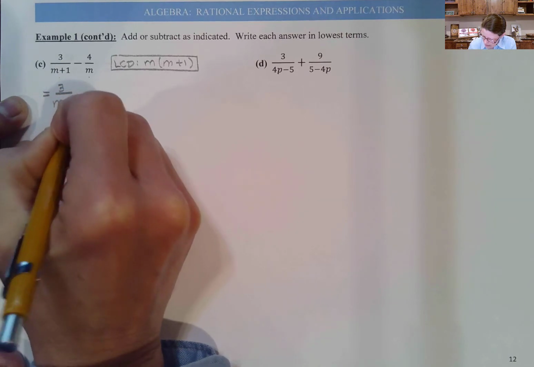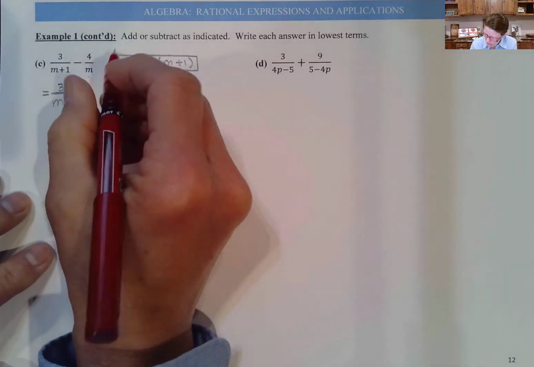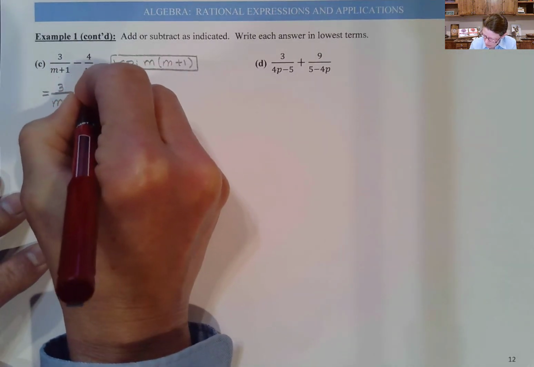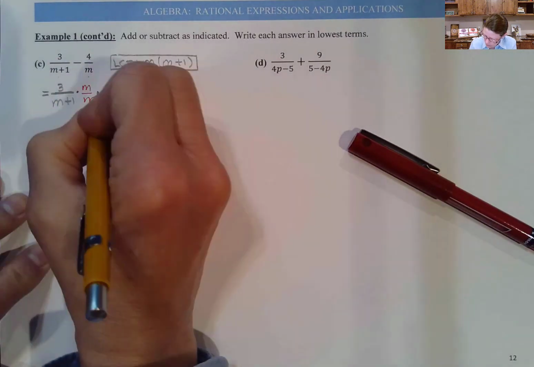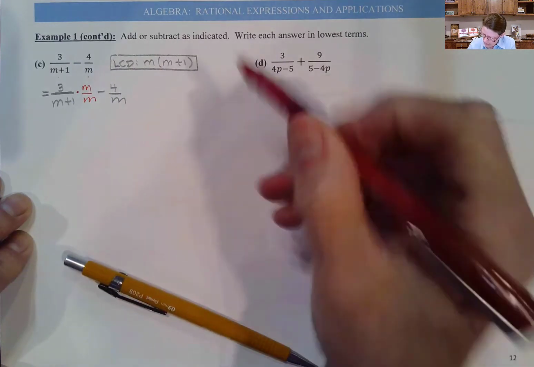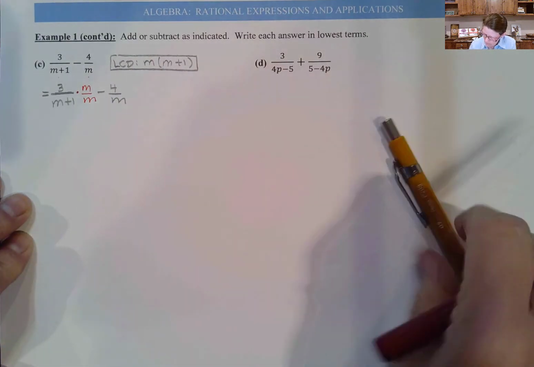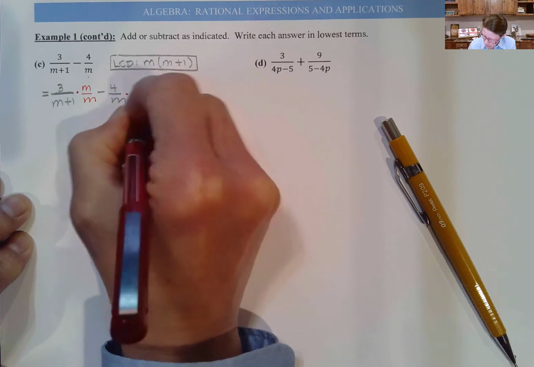Let's create that LCD for both fractions. Multiply 3 over m plus 1 times m over m. And let's multiply 4 over m by m plus 1 over m plus 1.